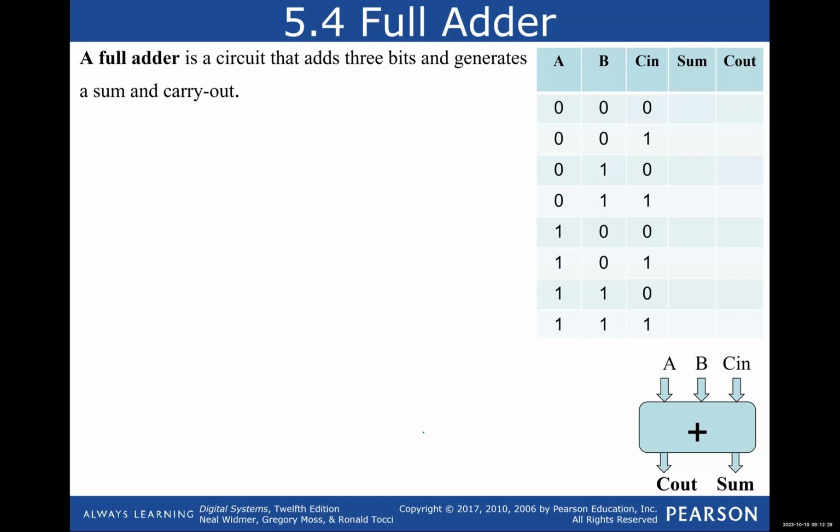Each row is independent. Don't carry from the first row to the second row. If you have 0 plus 0 plus 0, what is your sum? What's your carry out? Each row is independent.